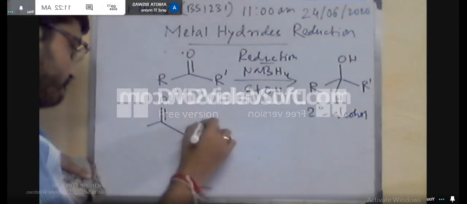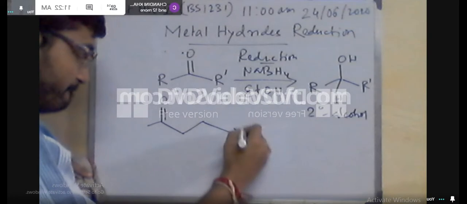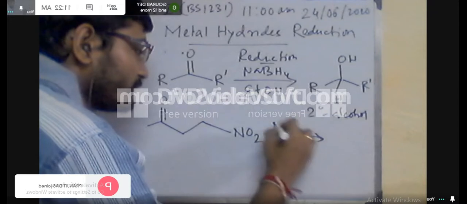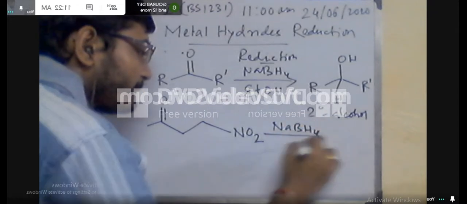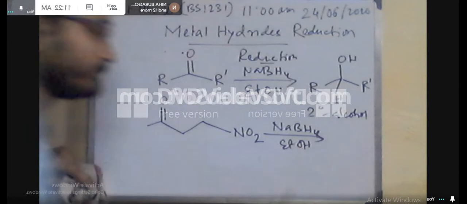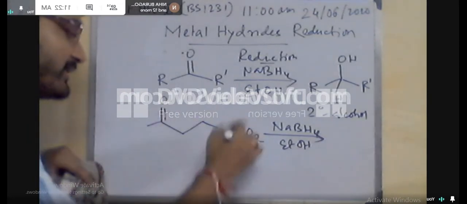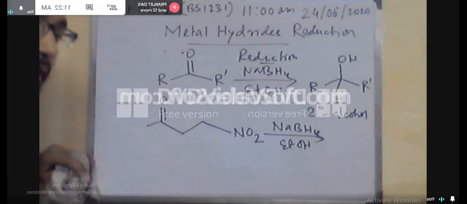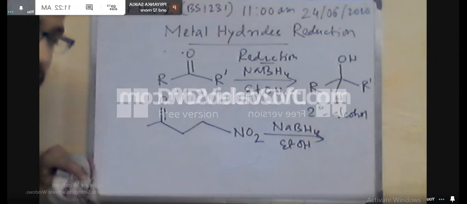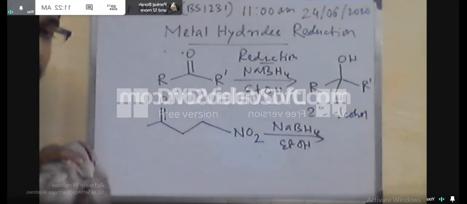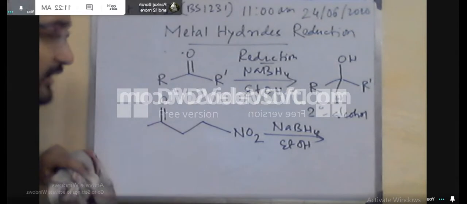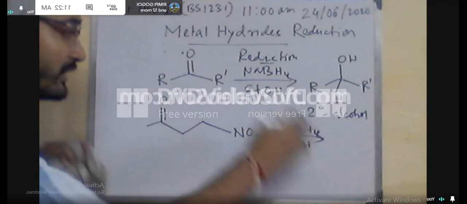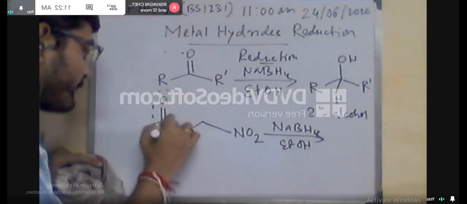Generally, tin and concentrated HCl with heat, the nitro can be converted to amine, but by using sodium borohydride, only the carbonyl will be reduced. So by reduction of the keto group you will get the 2-degree alcohol. So the product will be OH, and the nitro will remain intact in the molecular structure. Okay, so this is the use of sodium borohydride.